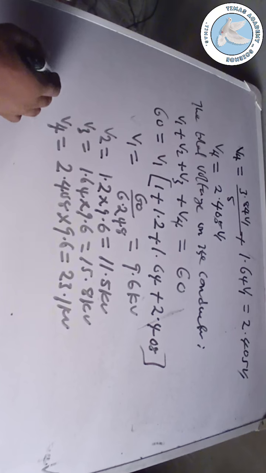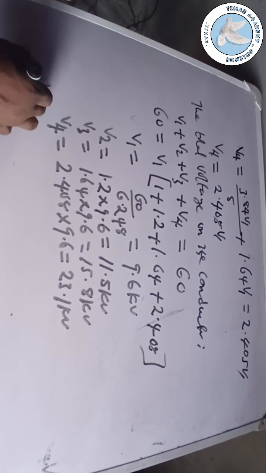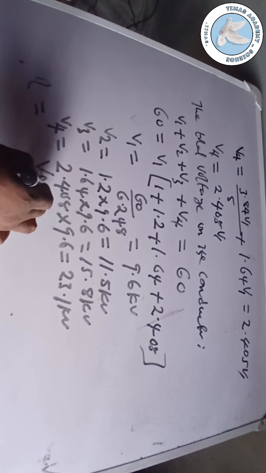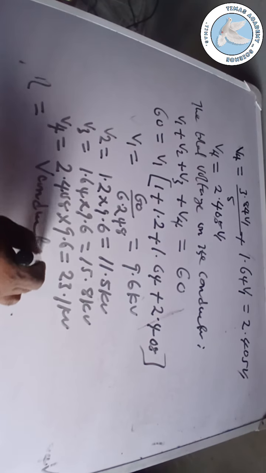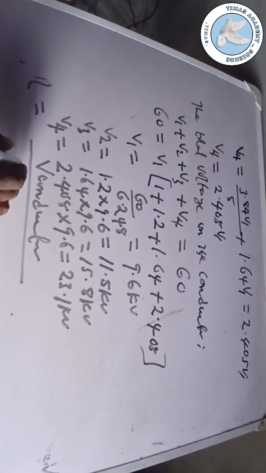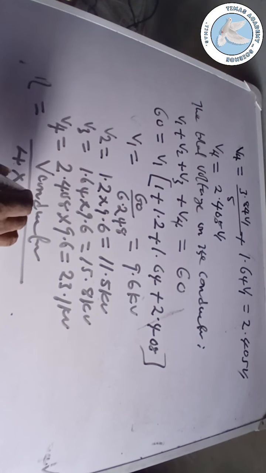So what is the string efficiency? The string efficiency is the voltage of the conductor, which was given to us, divided by the number of units, which was 4, multiplied by the value of the voltage that is closest to the conductor.